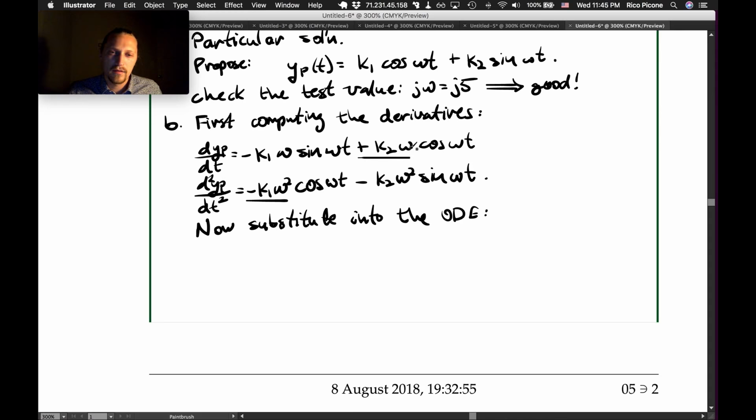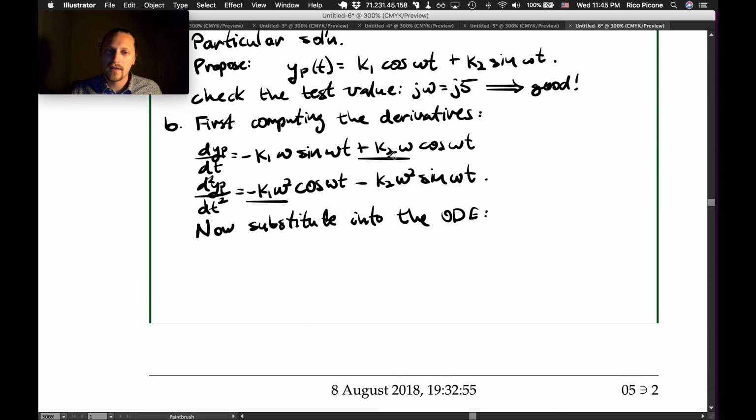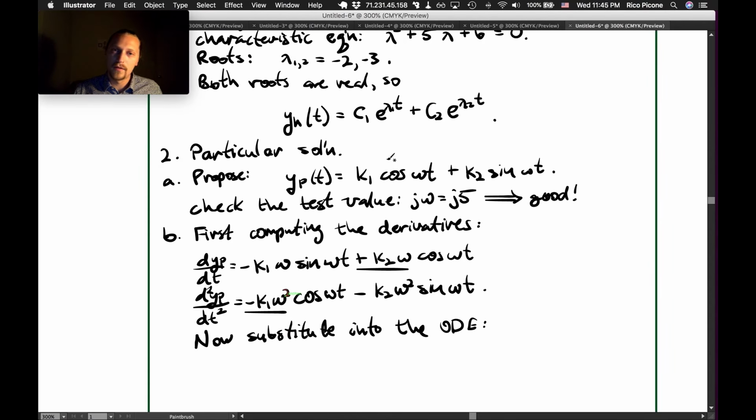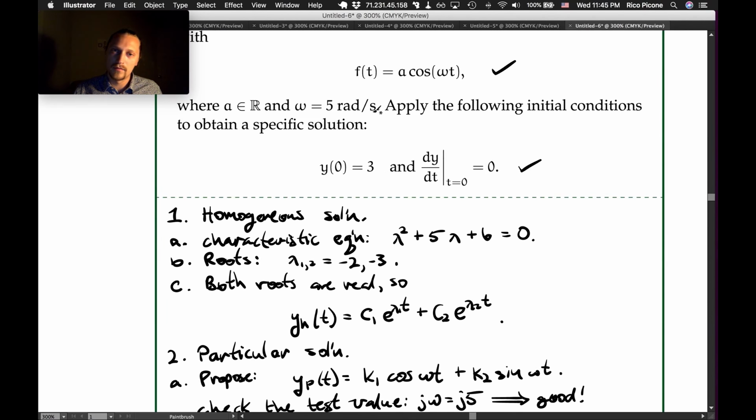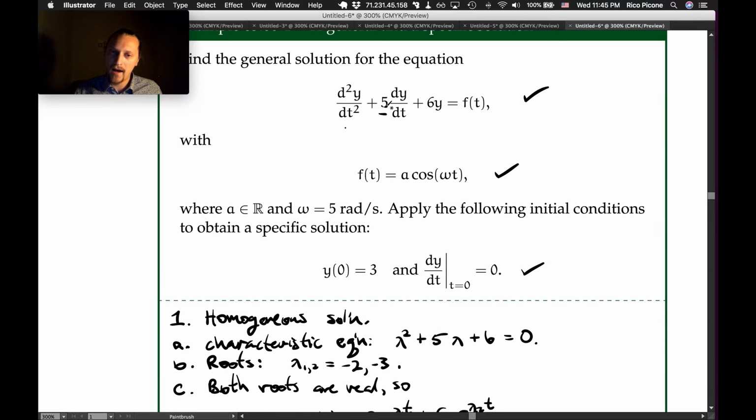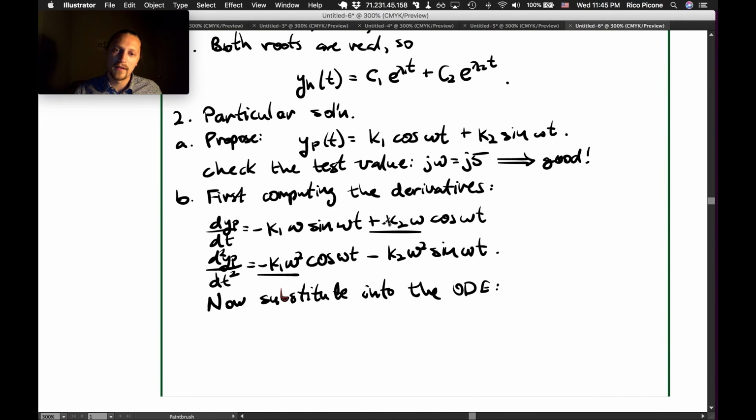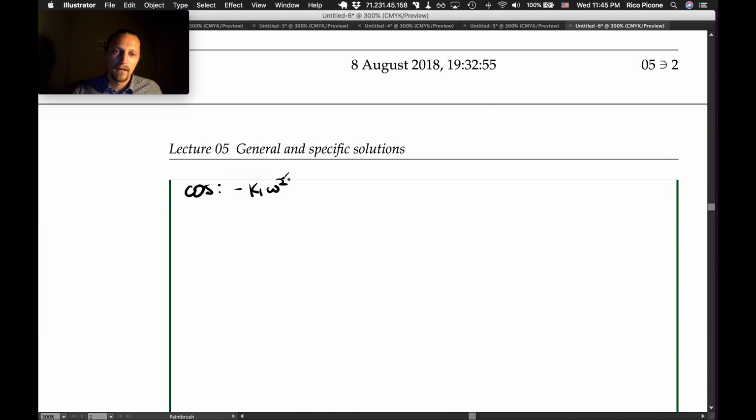Let's do the cosine terms first. The first one is negative k1 omega squared. Then the next cosine term, k2 omega, but we also have the coefficient from the equation, right? So we've got 5, so plus 5 k2 omega.